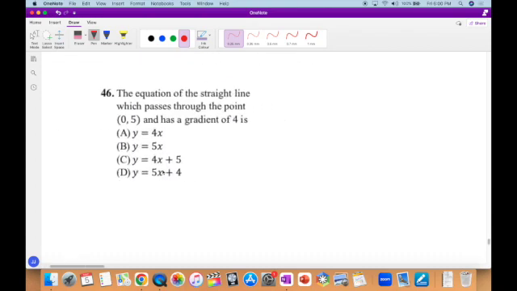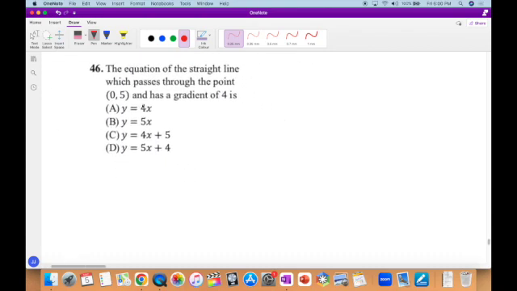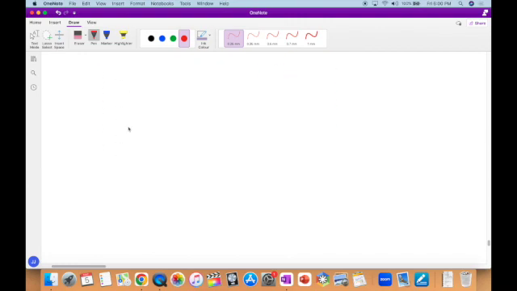Okay, so the equation of a straight line which passes through the point 0, 5 and has a gradient of 4 is, well, we can see the gradient of 4, y is equal to mx plus c. If the gradient is 4 and it passes through 0, 5, this is the y-intercept, so it'll be 4x plus 5.